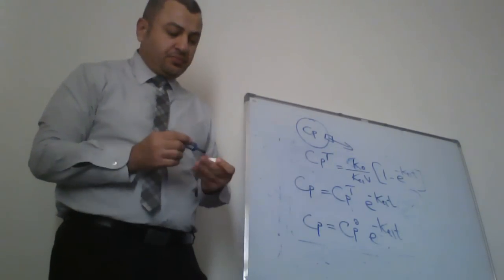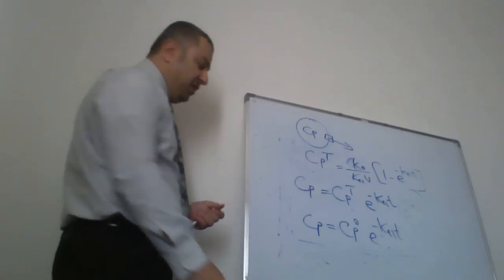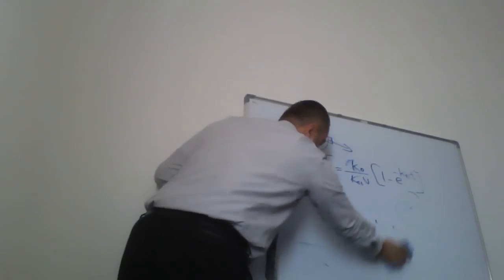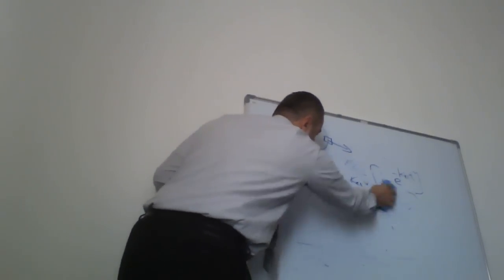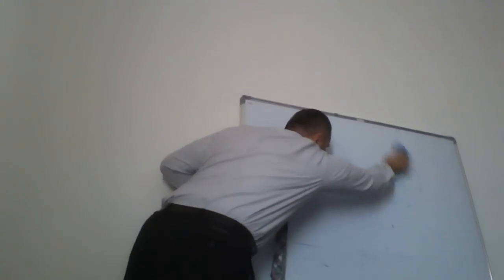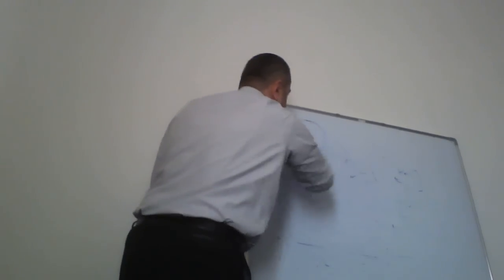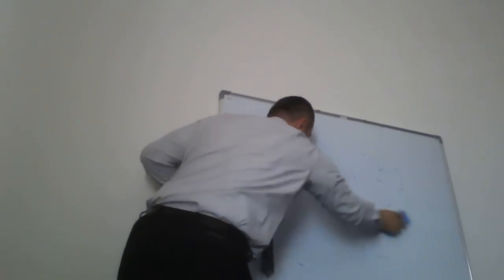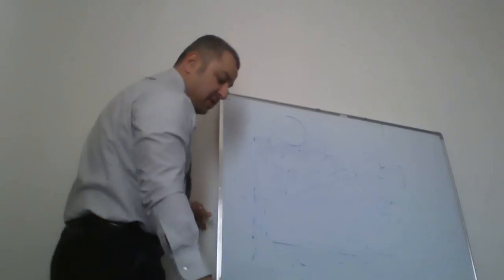Okay? Now, the other example, which is a homework for you, and in this homework, you will need to calculate KL and V. And you will need to use a graph paper.